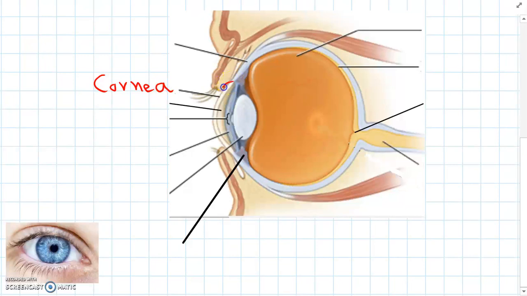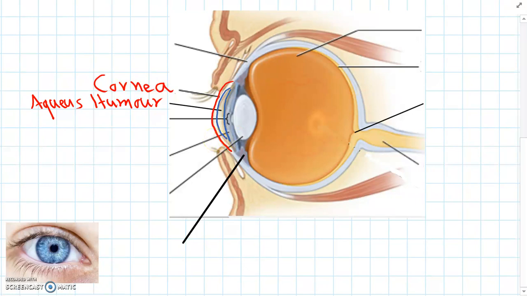And that's this clear covering at the front of the eye. Then there's a small space that's filled with liquid inside here, and that's called the aqueous humor. Aqueous because it's watery and it's clear.